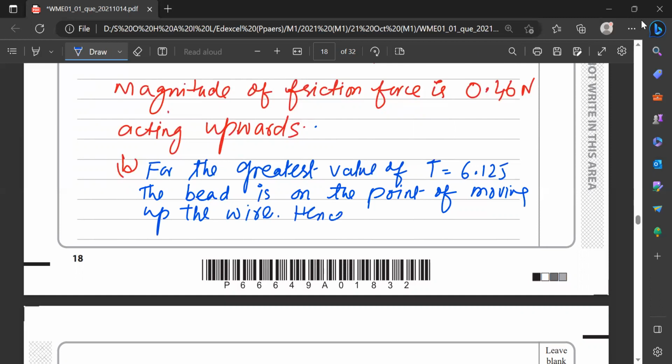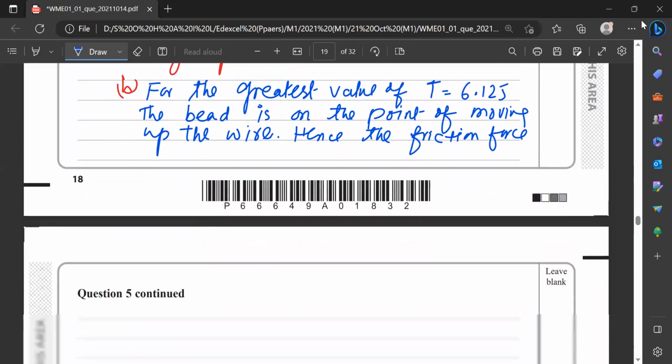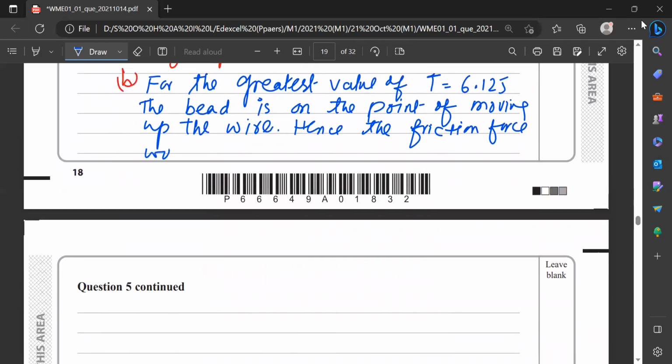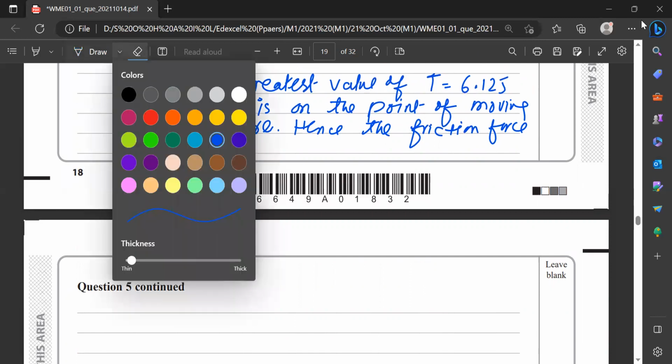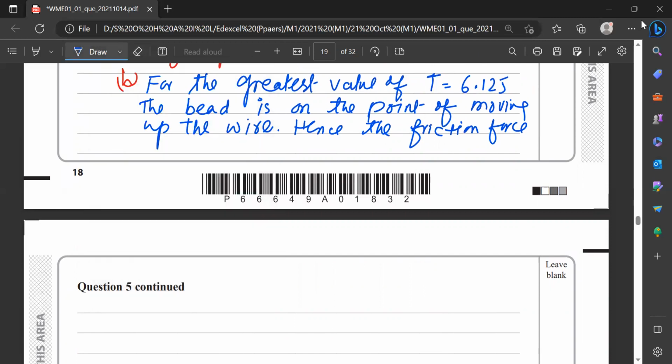Hence, the friction force will act in the downward direction.